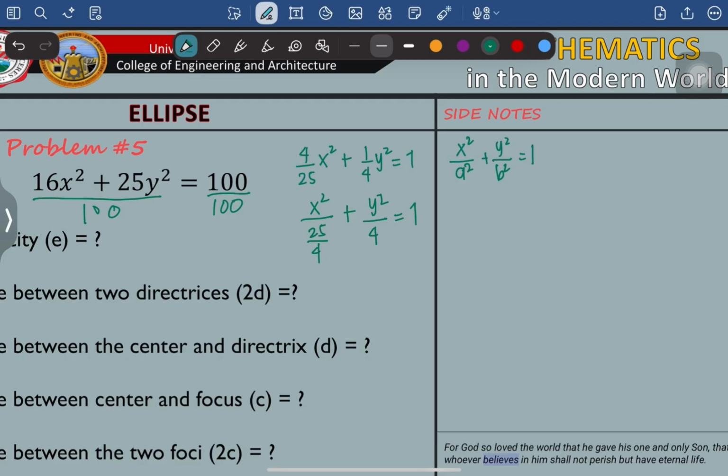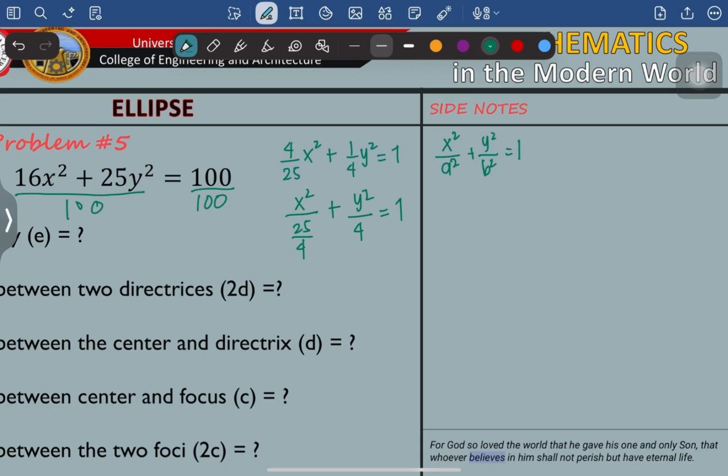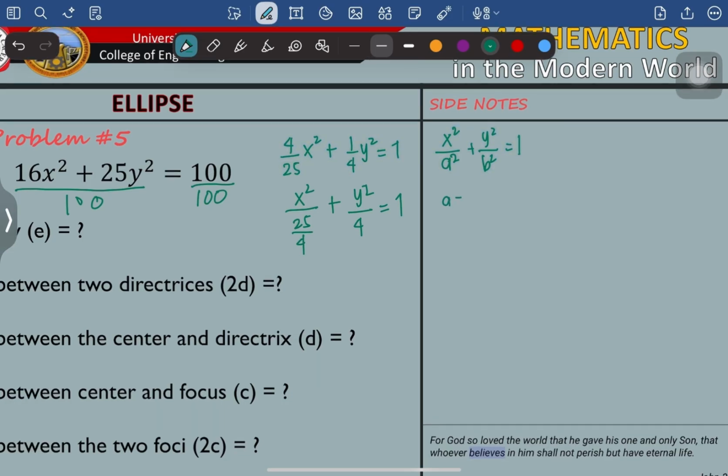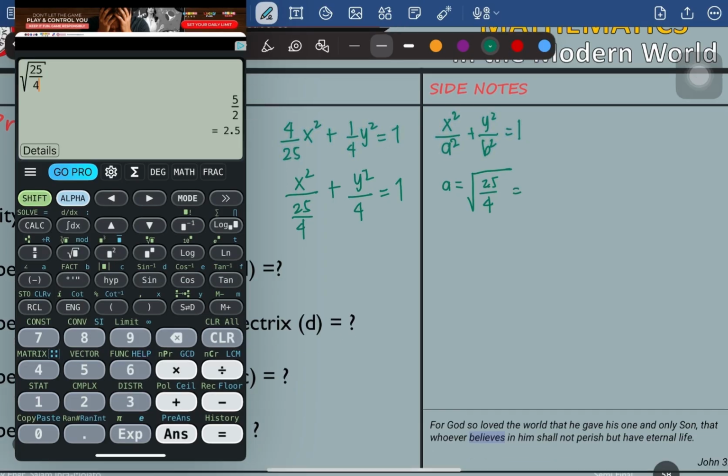So now we can determine the value of the semi-major axis. Get the square root of 25 over 4, which is 2.5.